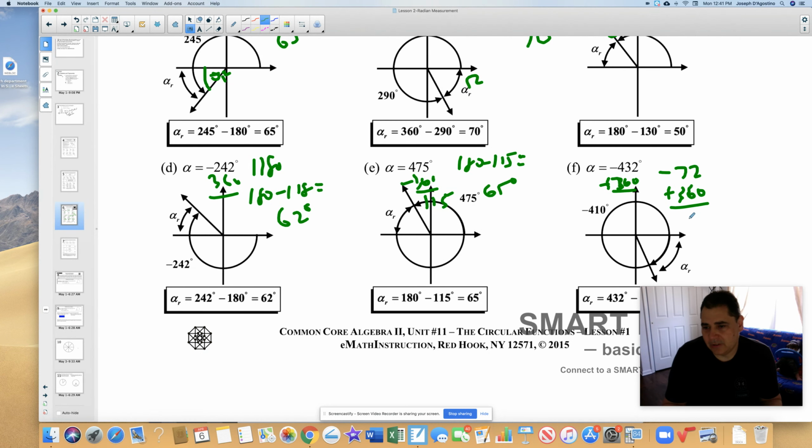And what does that give us? That gives us 288. All right, 288 is in the fourth quadrant. So I'm going to do 360 minus 288, which gives us 72. So 72 is going to be our reference angle.